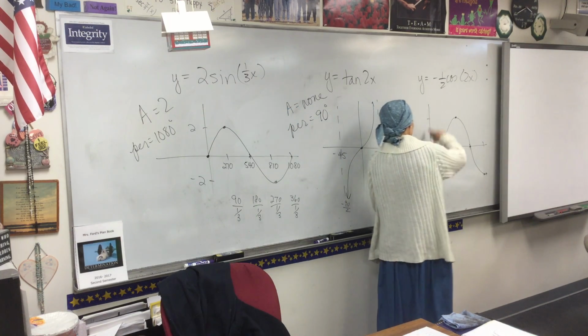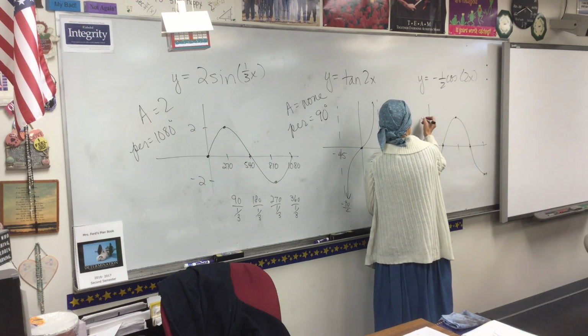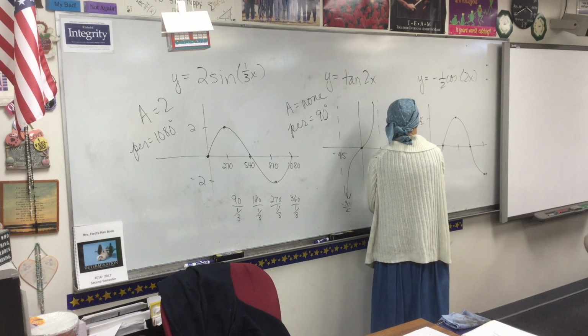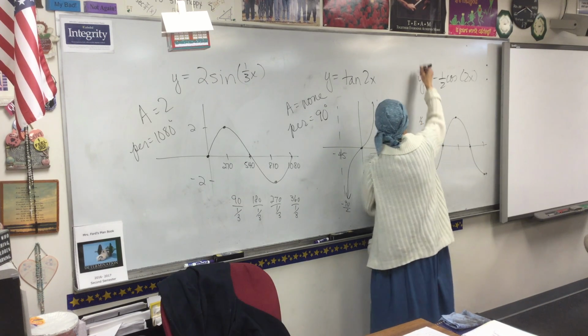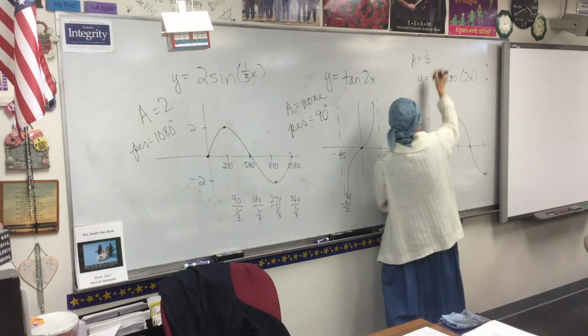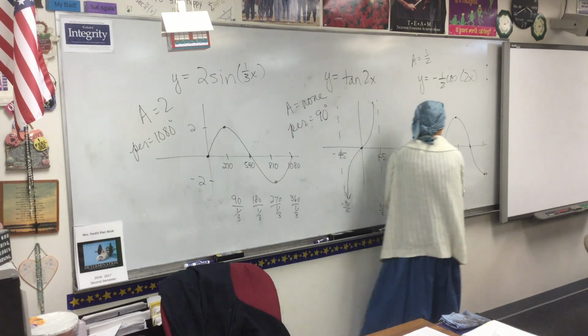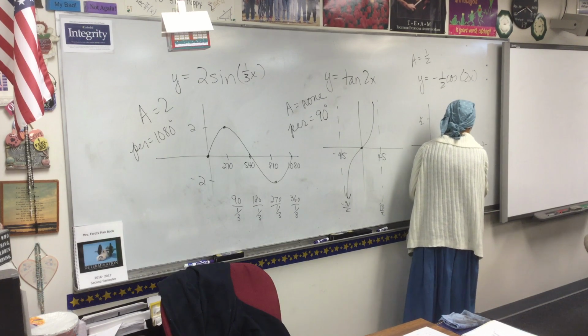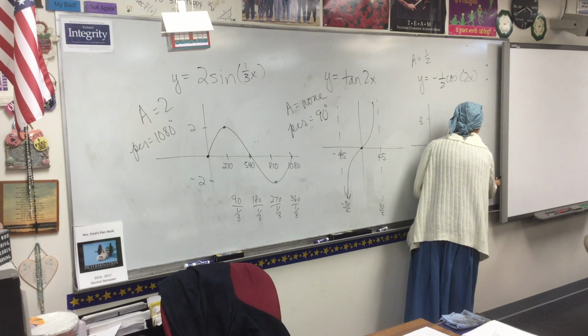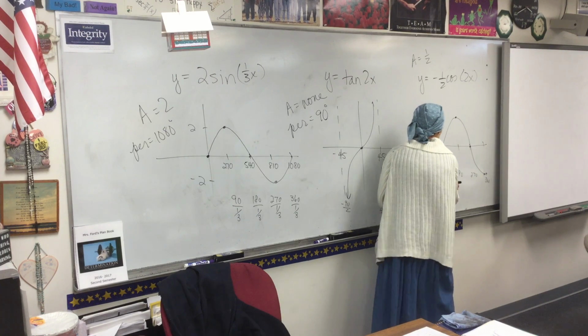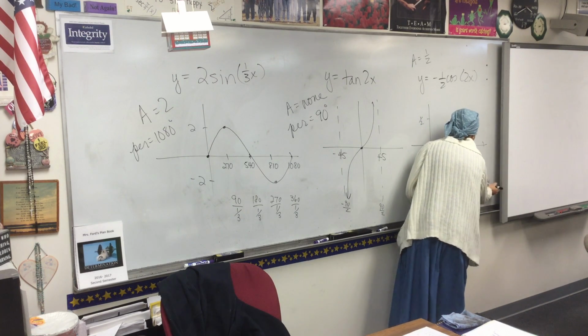What are my y-axis labels here? 1/2 and negative 1/2. My amplitude is 1/2. Now these labels are supposed to be 90, 180, 270, 360. But they're being divided by 2.